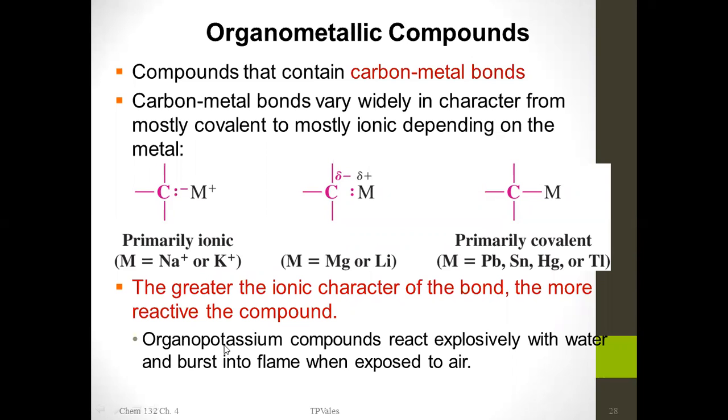For example, a carbanion, as you've learned, is a very reactive species. It's actually a nucleophile. We used a carbanion in one of the reactions, I think in the substitution reactions earlier. It's very reactive. Organopotassium compounds react explosively with water and burst into flame when exposed to air. That is one reason why organometallic compounds usually have to be handled using organic solvents, because in water they are very, very reactive.